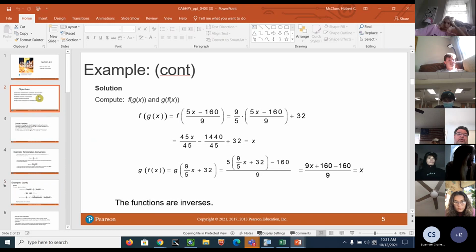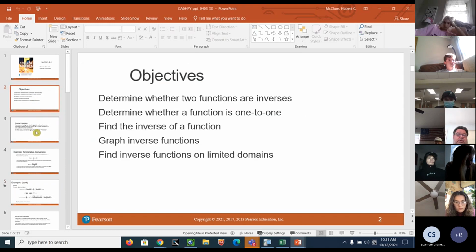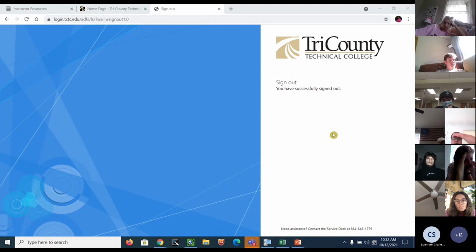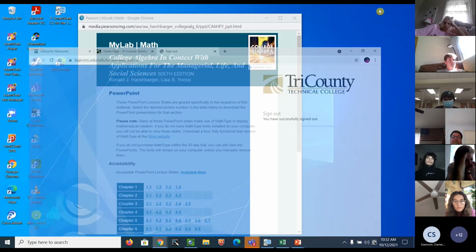What is a one-to-one function? And what is an inverse function? How's the best way to put this? Let's go with the graphing calculator.